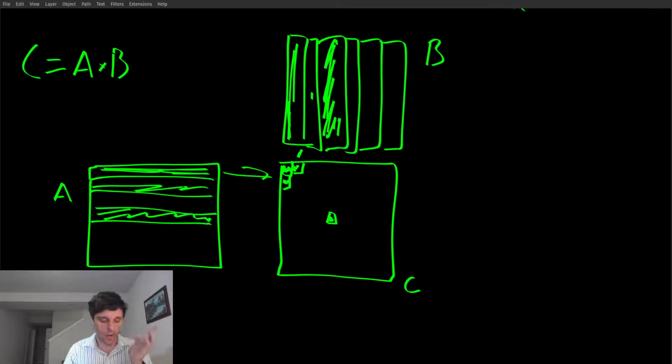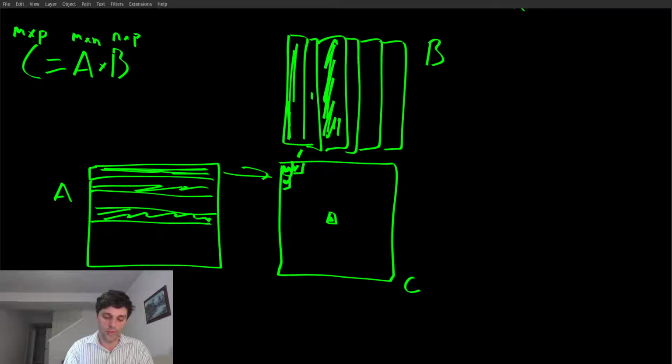And so a couple of things. Before I said m by n, and this one is n by p. Let me see if I can fix this a little bit. This one is m by n. Sorry, I hope this is not too small to see. This one's n by p. Then this one needs to be m by p, right?